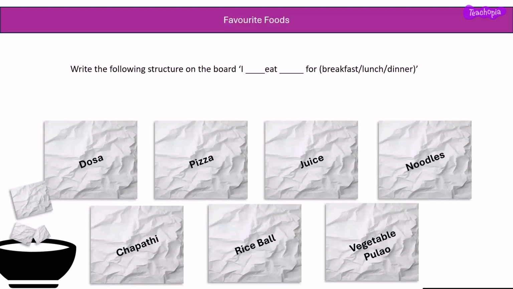The child might say, I often eat chapati for breakfast, or I often eat chapati for lunch. Similarly, we can provide this opportunity to each and every child who belongs to different teams. So this is how they can practice how to use the adverbs of frequency in their daily life.